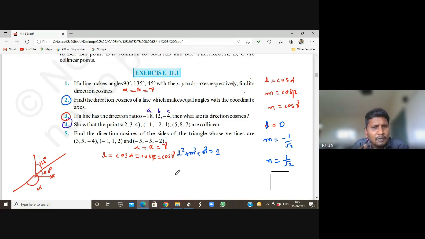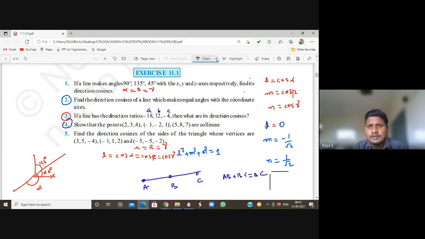There are 3 to 4 different ways to check whether 3 points are collinear or not. Let us take the first point as A, second point B, third point C. We know that AB plus BC is equal to AC. This is one procedure. And area of the triangle equal to 0, that is the second procedure.